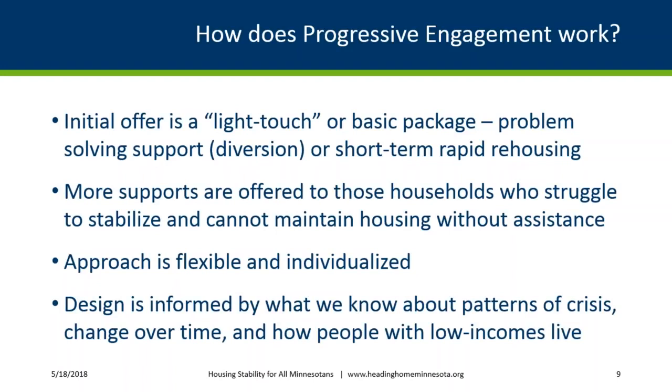Or within the rapid rehousing context, it could be a short-term rapid rehousing model. So for example, a 3 to 4 month program that provides some deposit support, a little bit of initial assistance, but is intended to be fairly light touch, fairly short term, with the idea that for some folks, that's going to be enough. That's going to be good.